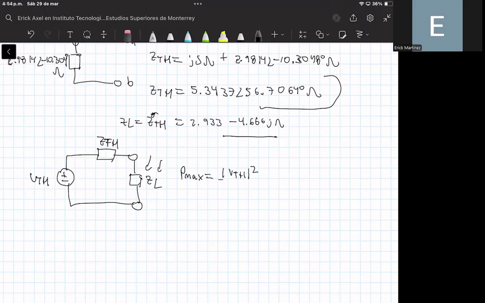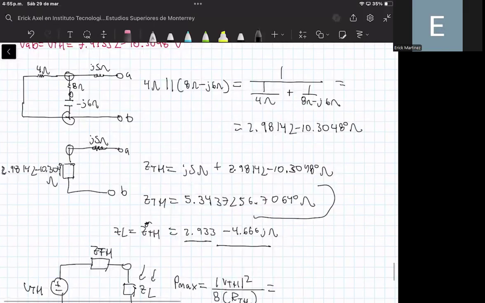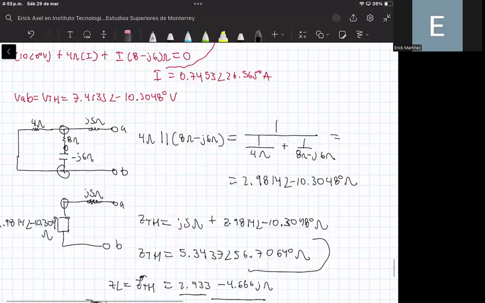You take the absolute value, you square that value, and then divide that by 8 times the real part of this impedance, that is the real part of the Thevenin impedance.